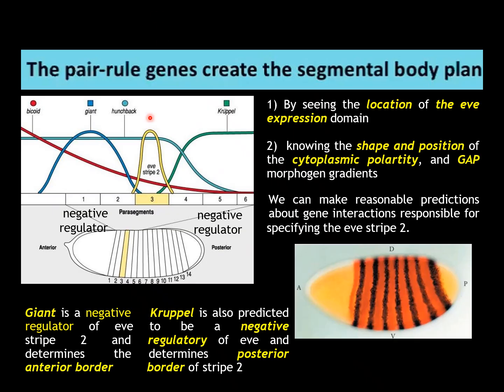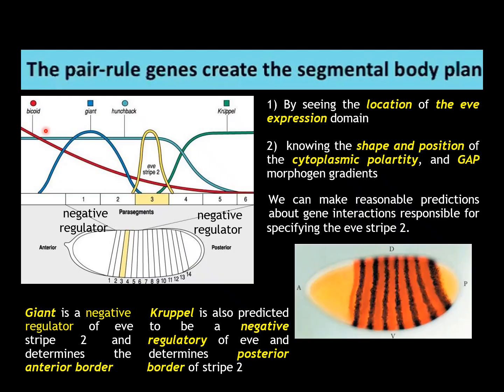So how do we find the answer? The first thing that we need to know is, where is this gene located? In parasegment 3, and what is happening with the location?